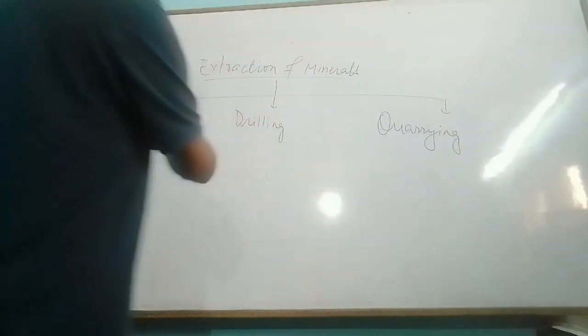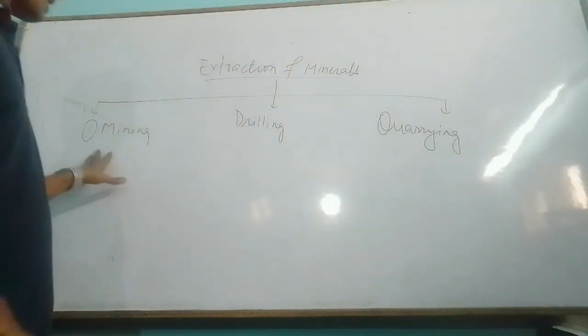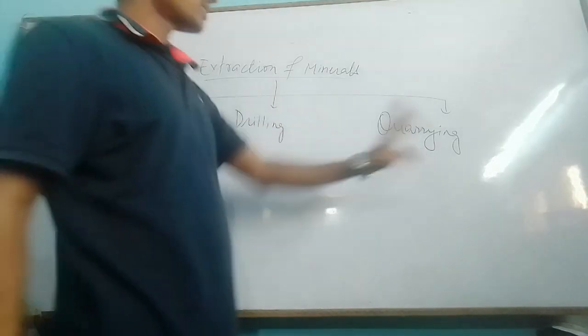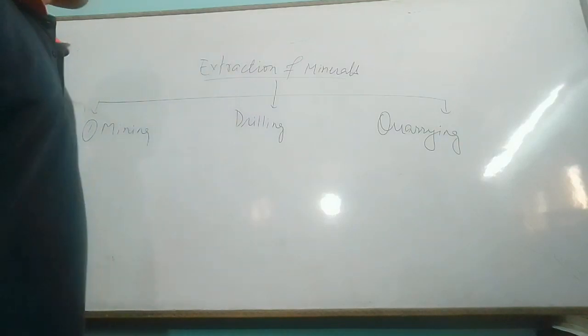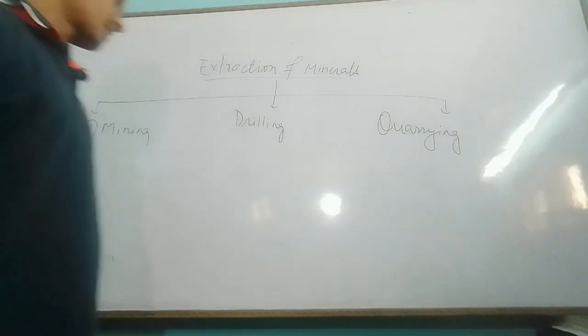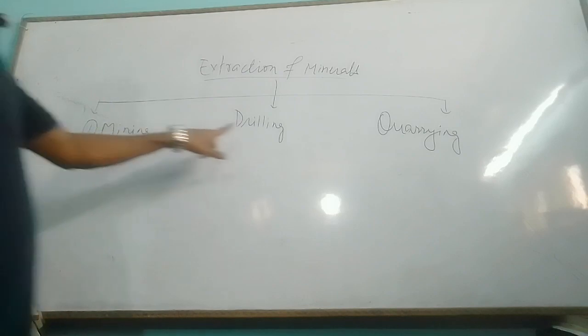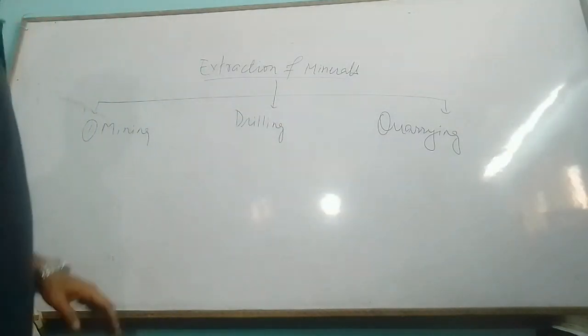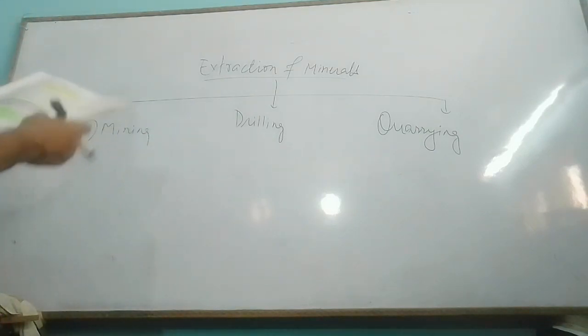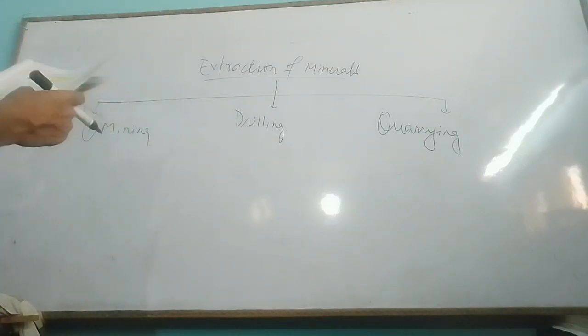So these are three principal phenomena or processes through which minerals can be extracted: mining, drilling and quarrying. ठीक है, क्लियर है?